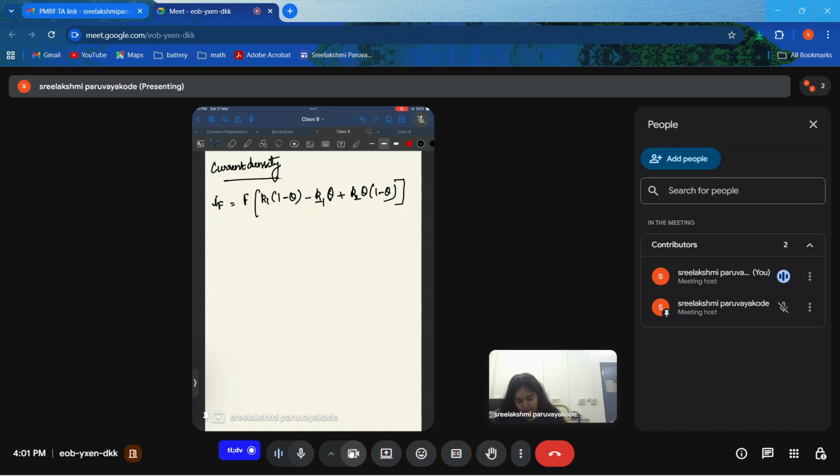So first step is to write IFDC, which is F into K1 DC (1 minus theta SS) minus K minus 1 DC theta SS plus K2 DC theta SS into (1 minus theta SS).